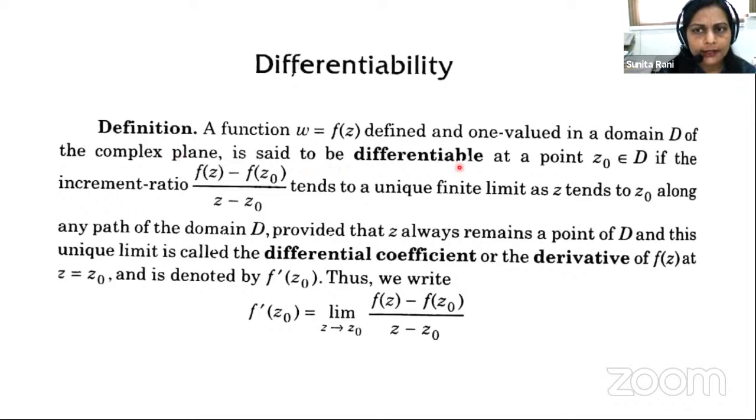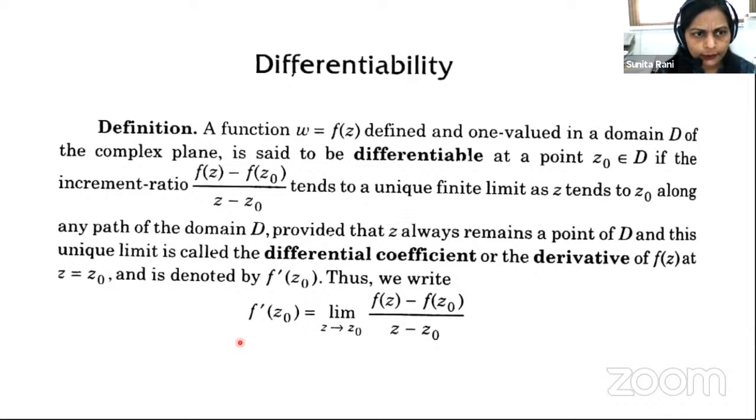Then we say it is differentiable at the point if (f(z) - f(z naught)) / (z - z naught) tends to a unique limit when z tends to z naught, say L.